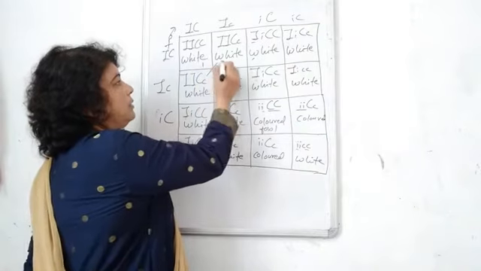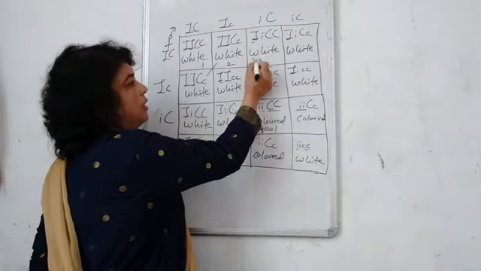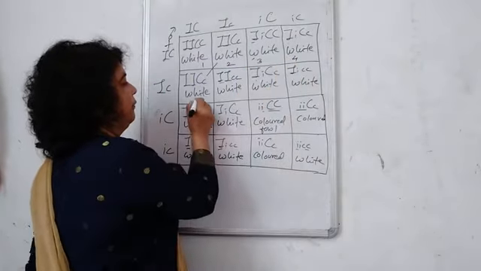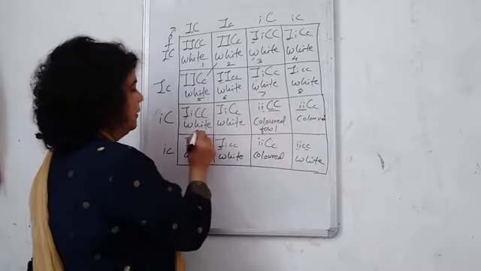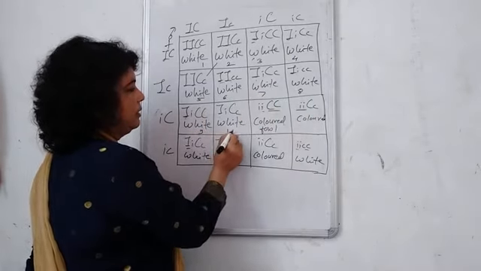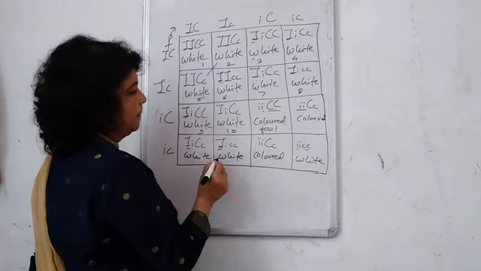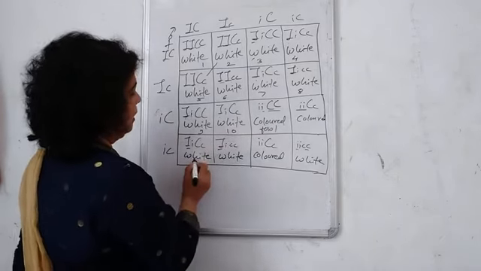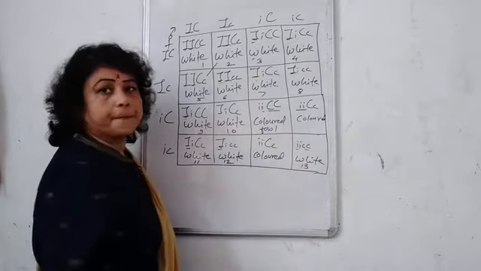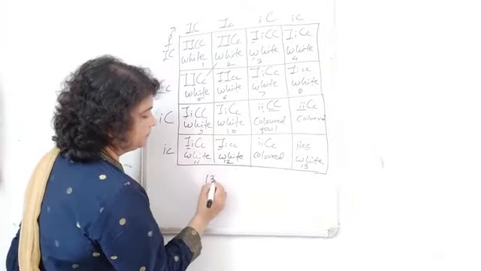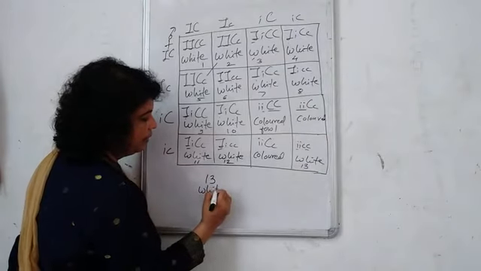So counting 1, 2, 3, 4, 5, 6, 7, 8, 9, 10, 11, 12 and 13, these 13 were white.